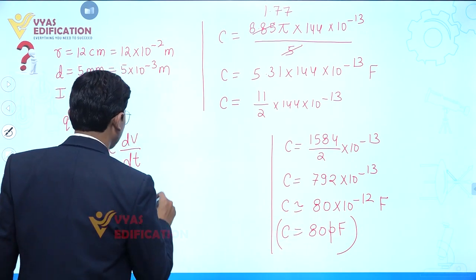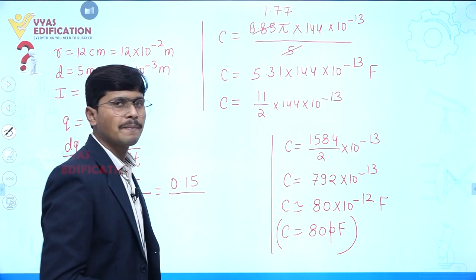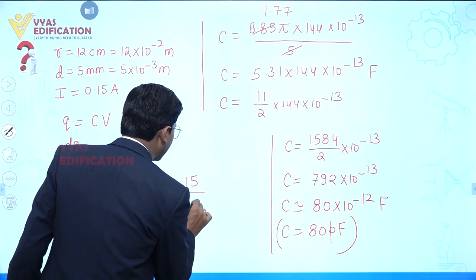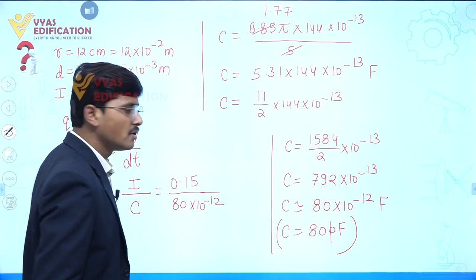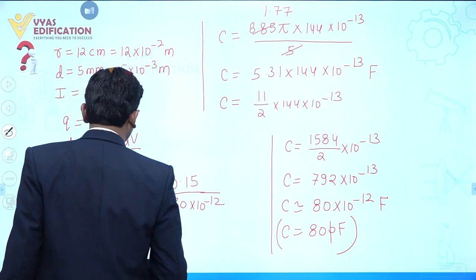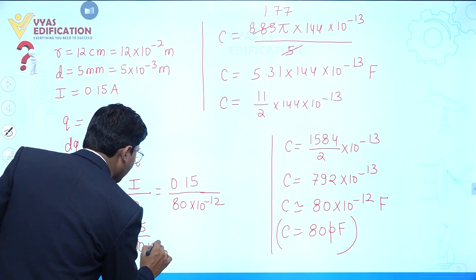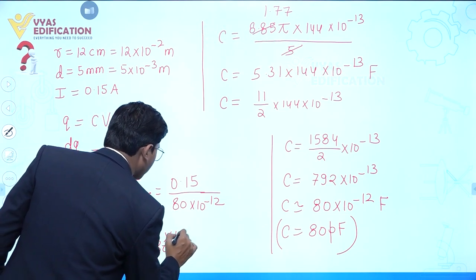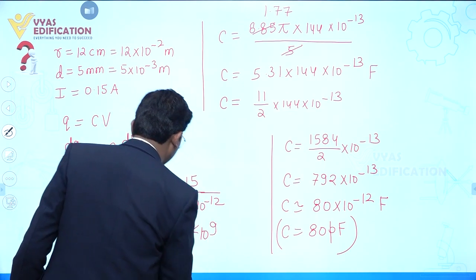Value of current is given in this question, 0.15, divided by value of capacitance, this is equal to 80 multiply 10 to the power minus 12, clear. So from here you can see this is equal to 15 by 100 into 80 into 10 to the power minus 12, clear. So we can say this is 10 to the power 9, clear.